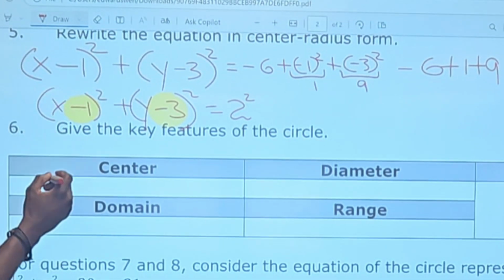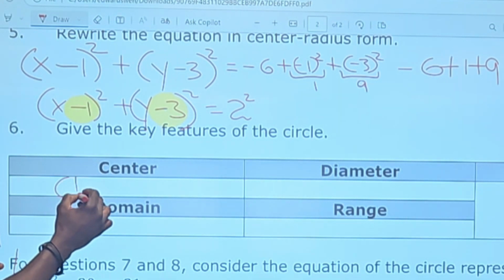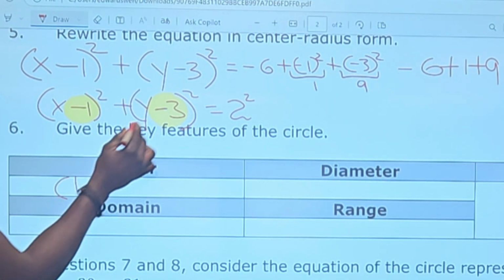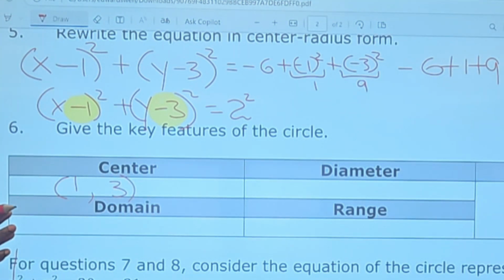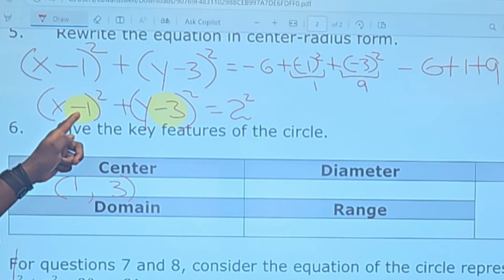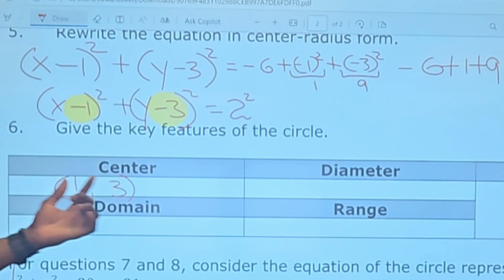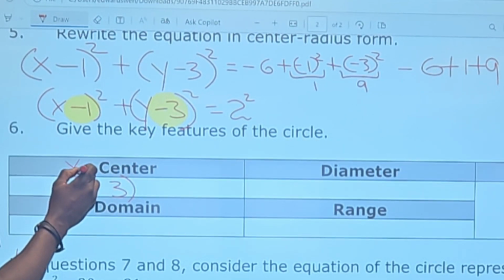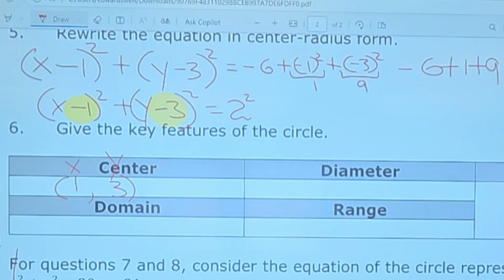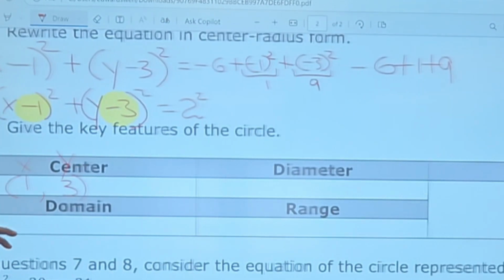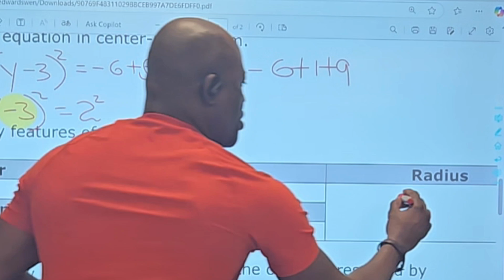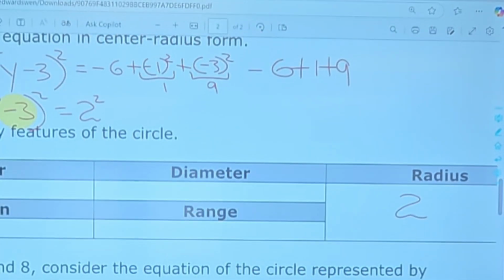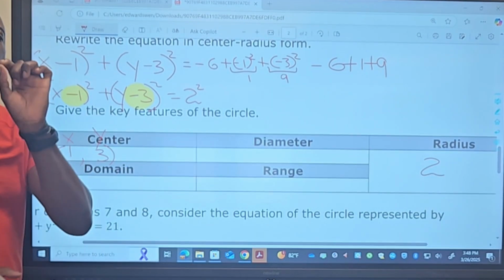So if this is negative 1, it means my center is at 1. And if this is negative 3, then this is 3. So the x and y coordinates are as follows. They're at 1, 3, as you could see. So this is my x value at the center, and that's my y value at the center. Now the radius is 2, right? So the radius is 2 here, which means that my diameter is 2 times 2, which is 4.